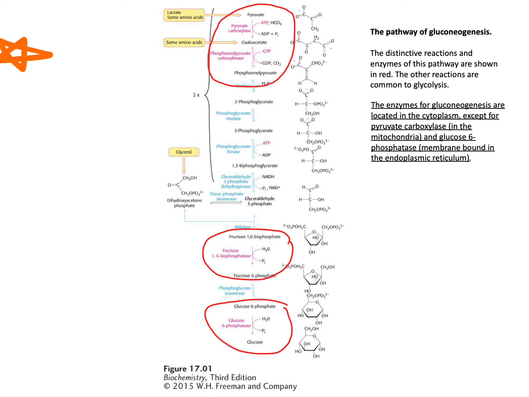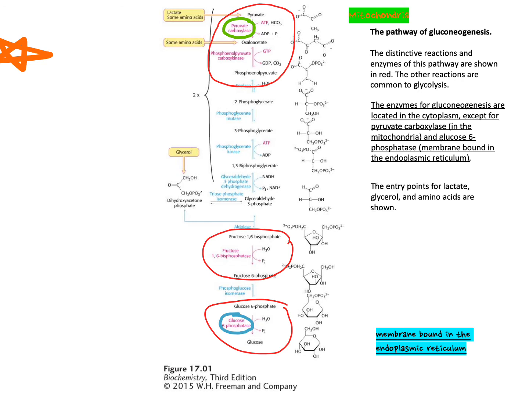The enzymes for gluconeogenesis are located in the cytoplasm, except for pyruvate carboxylase. It's in the mitochondria. And glucose 6-phosphatase is membrane bound in the endoplasmic reticulum. The entry points for lactate, glycerol, and amino acids are shown in the chart here.